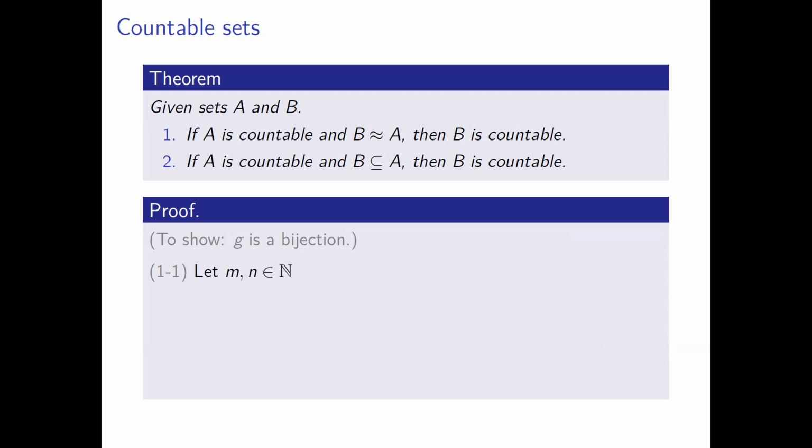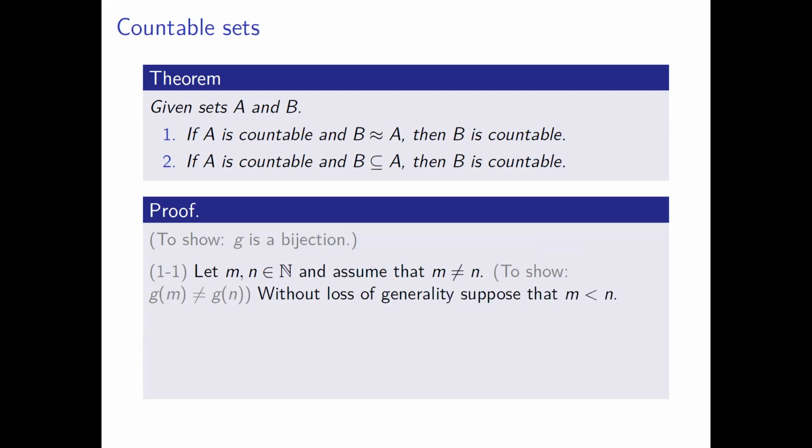To show that g is 1-to-1, let m and n be natural numbers, and assume that m is not equal to n. We will show that g(m) is not equal to g(n). Without loss of generality, suppose that m is less than n. Then m is one of the natural numbers from 1 to n minus 1, so that the image g(m) belongs in the set of images of the numbers 1 to n minus 1.